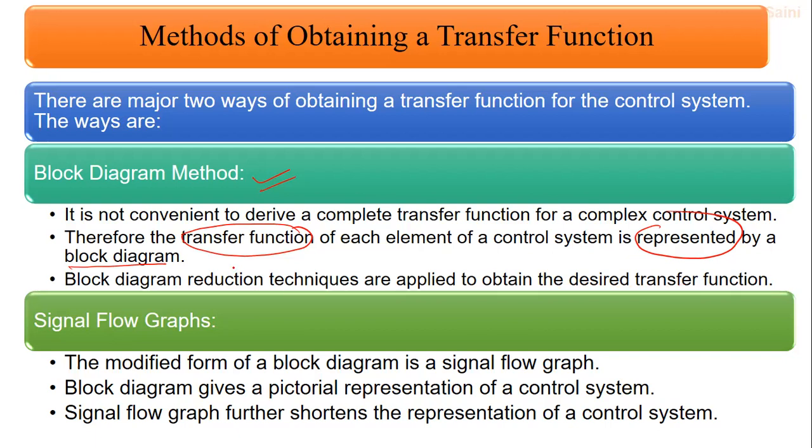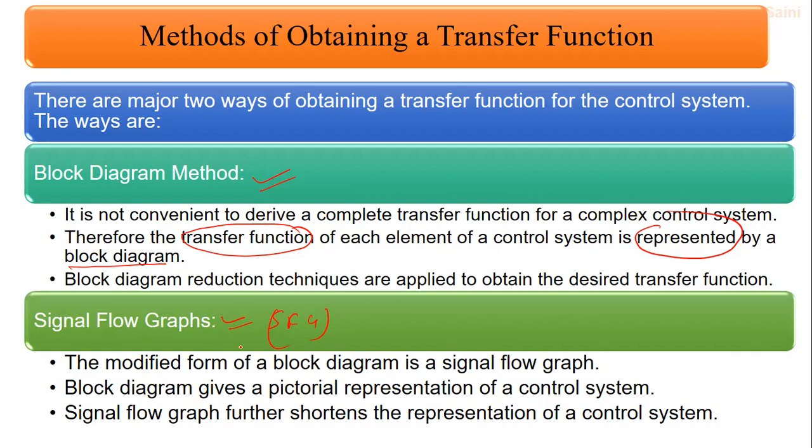So first of all, we represent the element of any control system with a block. Then we apply block diagram reduction techniques, and then we get the desired transfer function, right? In this way, we have another method which is signal flow graph, SFG, right? So what is this?